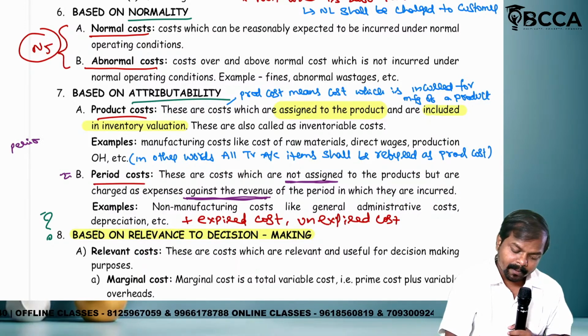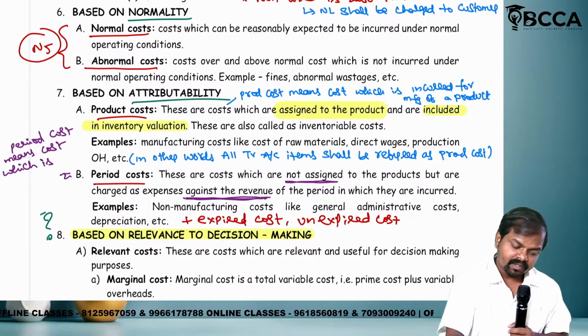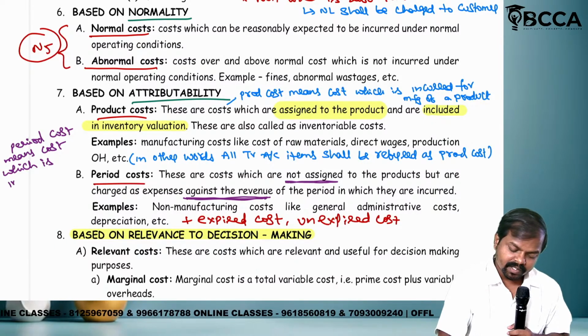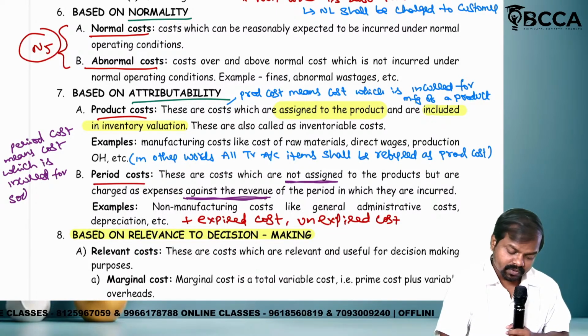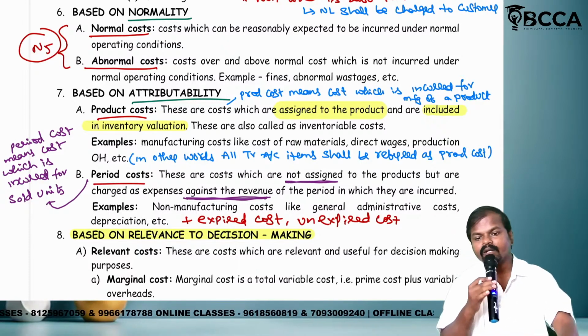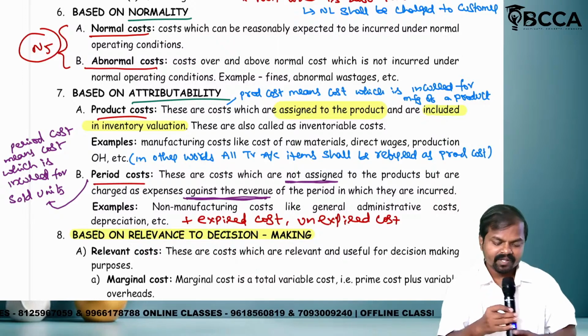Period cost means cost which is incurred for sold units. Incurred for sold units is called what? Period cost. Clear?